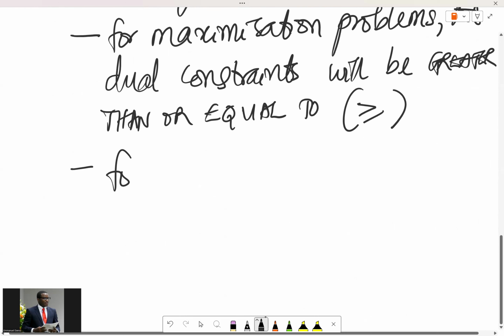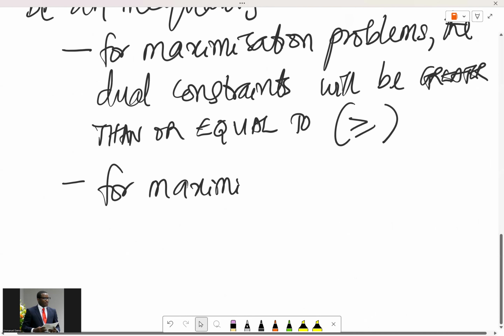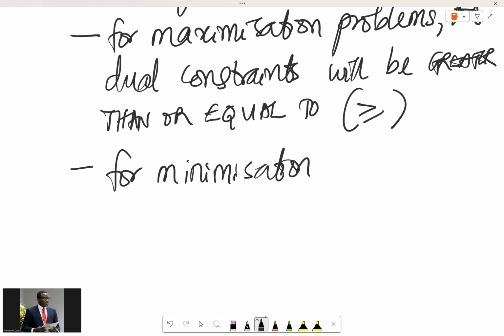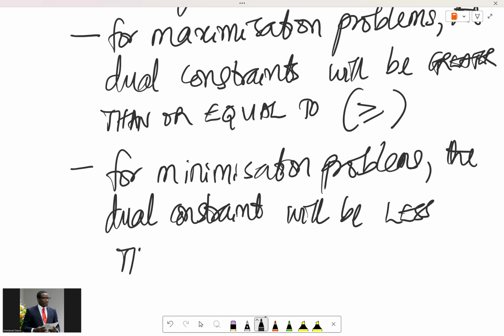So that's for maximization problems. Then for minimization problems, the dual constraint will be less than or equal to.